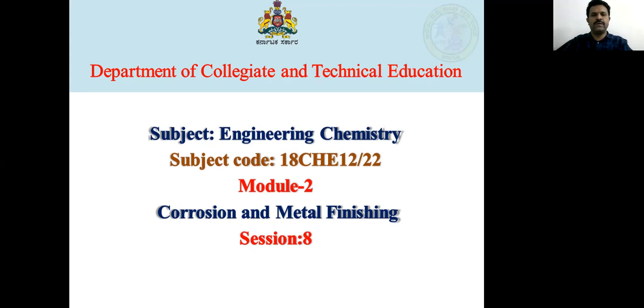In this video lecture, I am going to explain the continuation of Engineering Chemistry Module 2, Corrosion and Metal Finishing. In my previous session 7, I explained one of the metal finishing techniques, that is electroless plating, in which I explained the introduction to electroless plating, the steps involved, the components required to conduct electroless plating, and finally electroless plating of nickel and its applications.